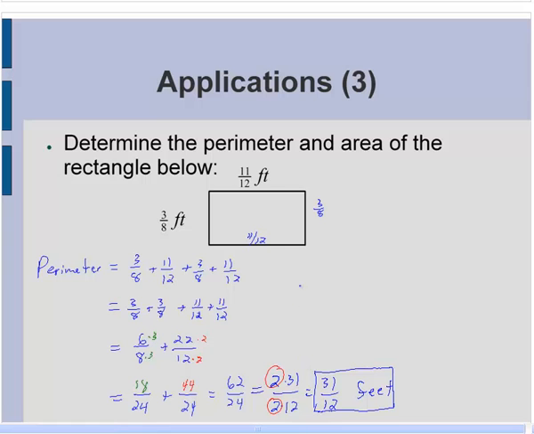Now for the area. Remember, the area of a rectangle is simply its length times its width. So we would have 11/12 times 3/8, or 11 times 3 over 12 times 8. Hey, 3 goes into 12. Let's write that 12 as 3 times 4.